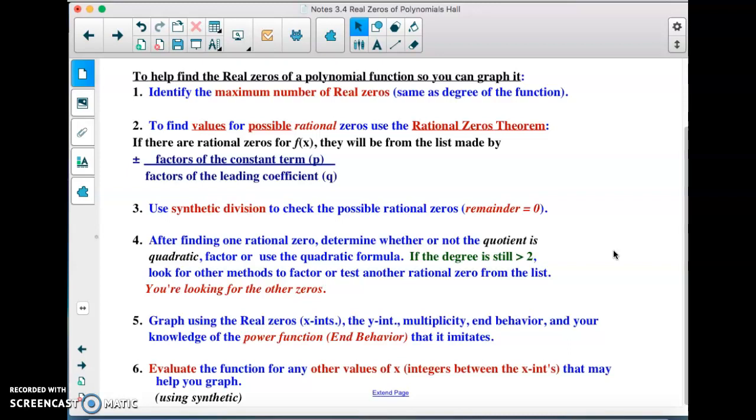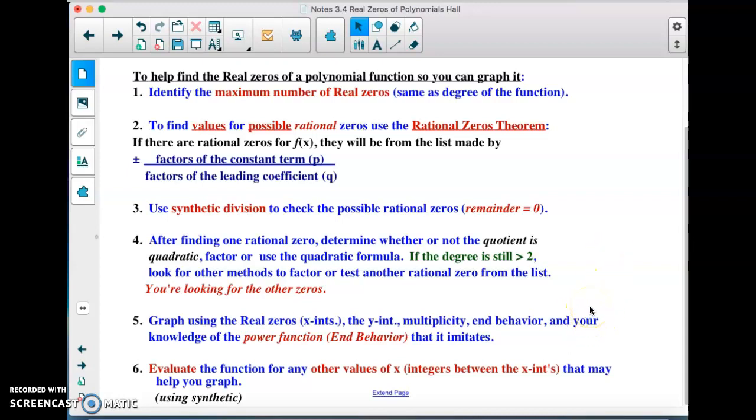If there's an even multiplicity, there's a bounce back. If it's odd, it passes right through that 0. What's the end behavior? Does it go up on the left, up on the right, down on the left, down on the right, or is it different on the left and right? And then your knowledge of the power function: you know that if it's to the second power, it should be a parabola.